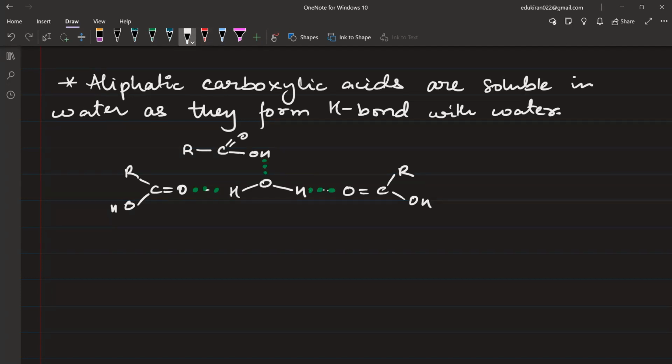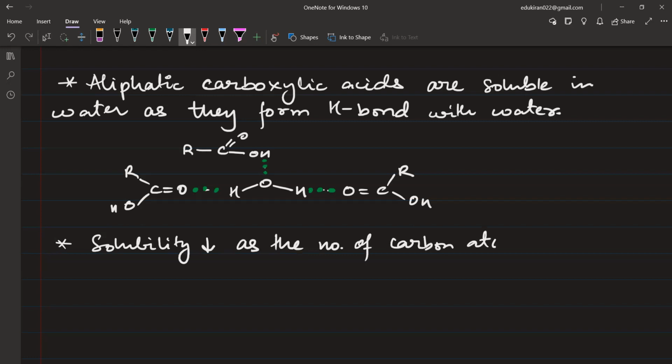Right, here solubility decreases as the number of carbon atoms in the alkyl chain increases.